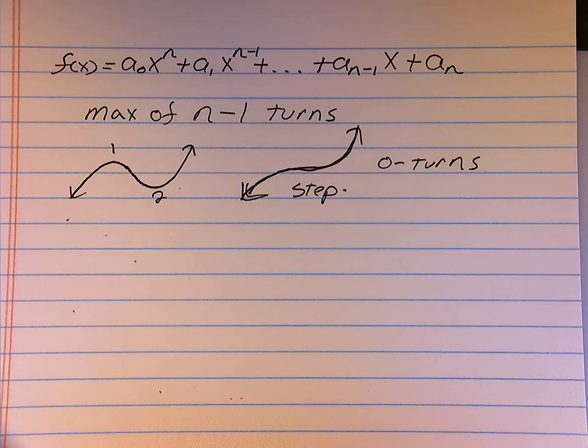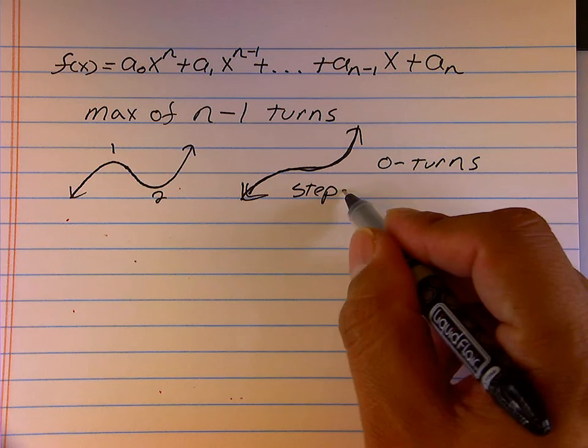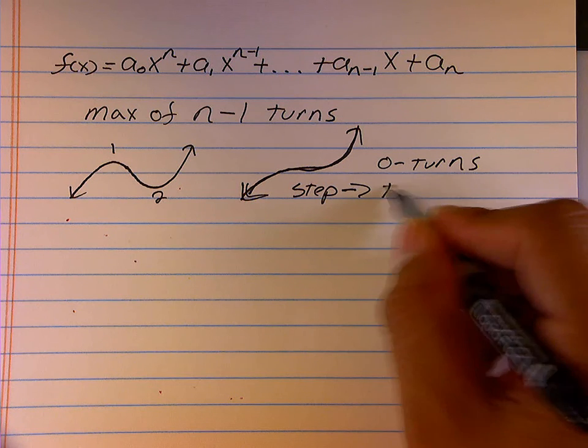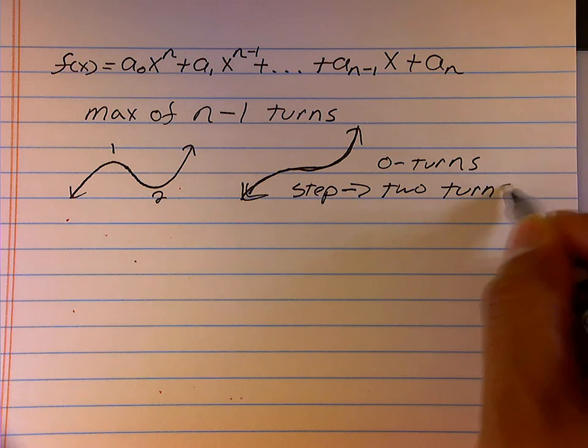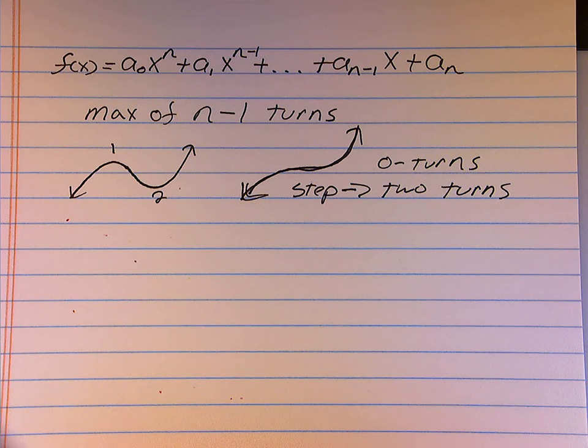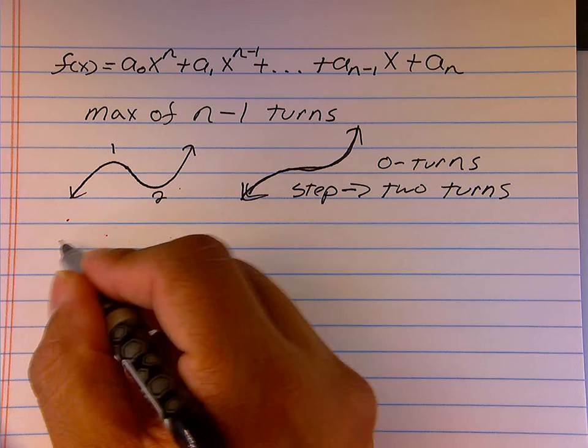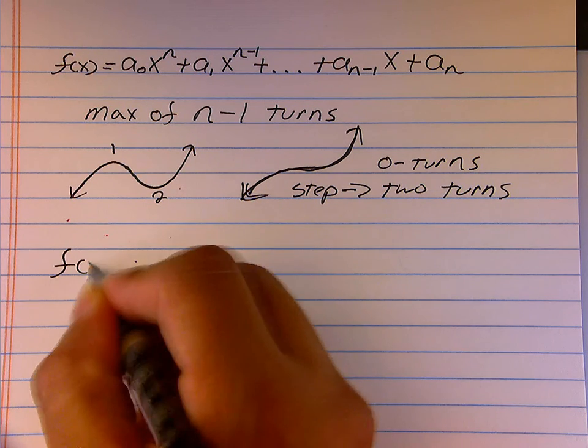And anytime I see a step on a graph, mathematically, that's equivalent to having 2 turns. It's not 2 turns, but it takes the same mechanics, same mathematics to produce 1 step as it does to produce 2 turns. So, let's take a look at something.